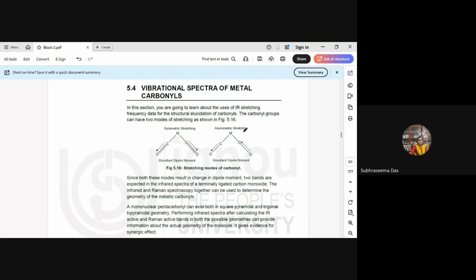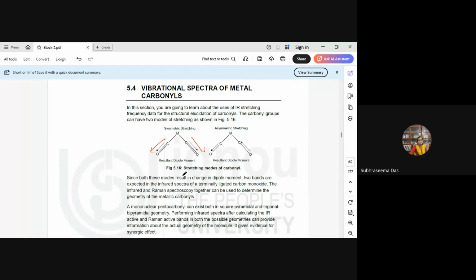Here in this figure 5.16, you can see the two stretching modes of the carbonyl group shown. The first figure shows the symmetric stretching, that is, this is the metal and two CO groups are attached, and since both the CO are pulled in the same direction, this is a symmetric stretching.